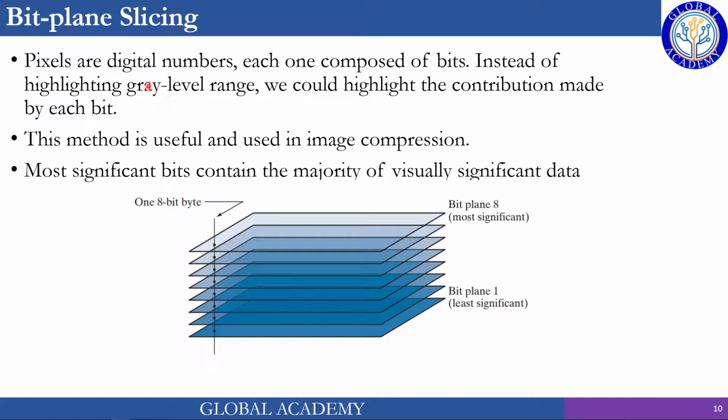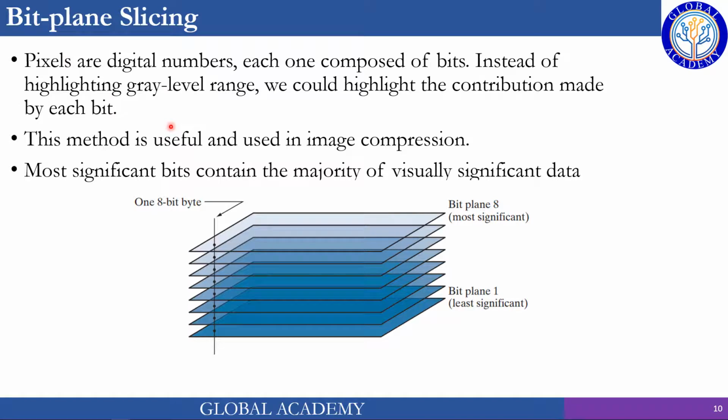So our next topic is bit plane slicing, and as we know, each digital image is represented using fixed length binary numbers. Say for instance, we have an image whose each pixel is represented by an 8-bit binary number.